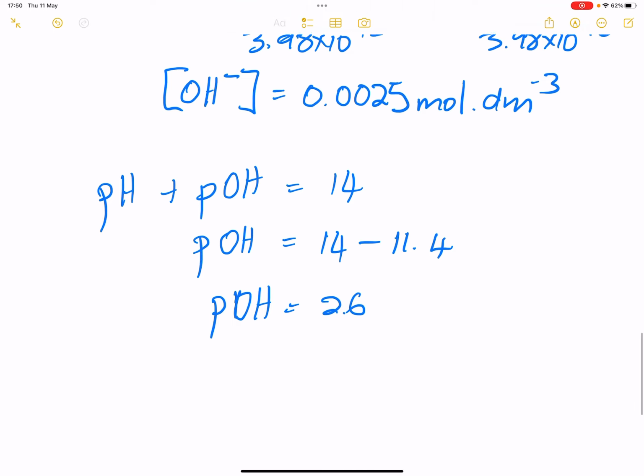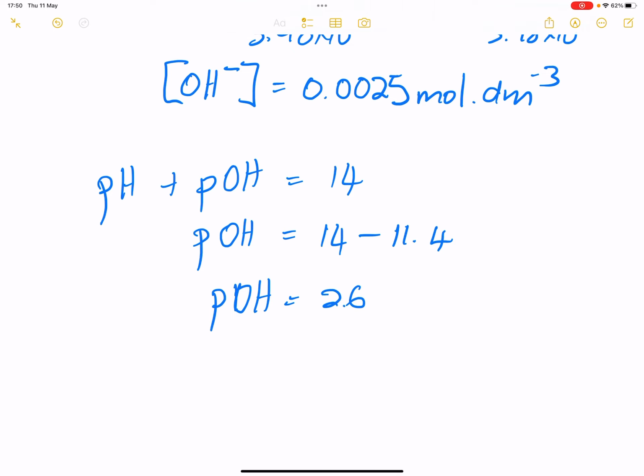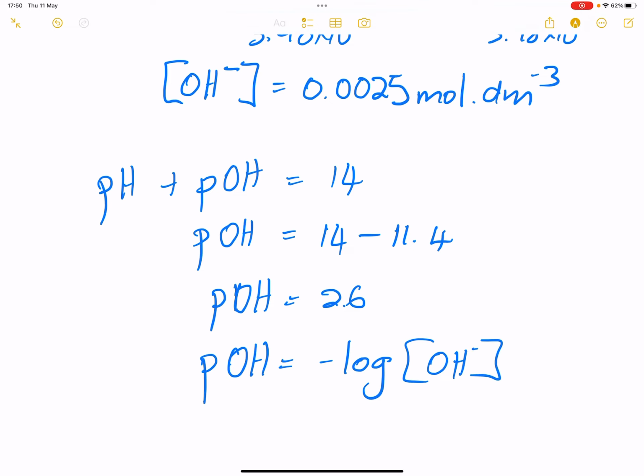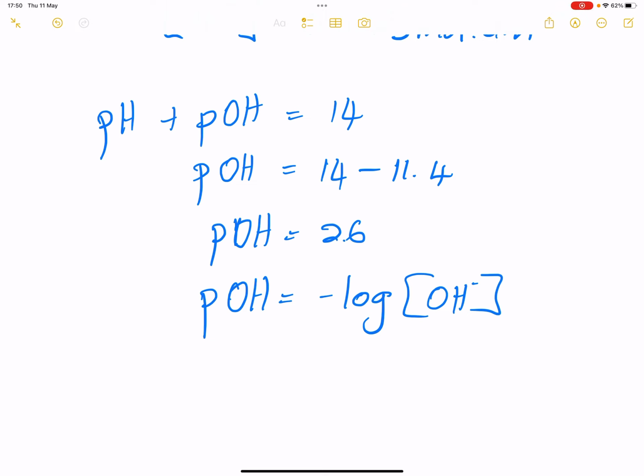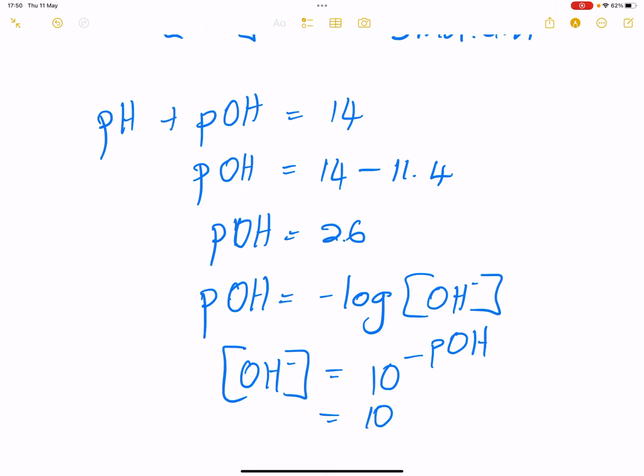Because you've got a pOH of 2.6, pOH is minus the log of our hydroxide concentration. Note this is not pH. For the concentration of your hydroxide ion, this will be 10 to the minus pOH, and that's 10 to the minus 2.6.